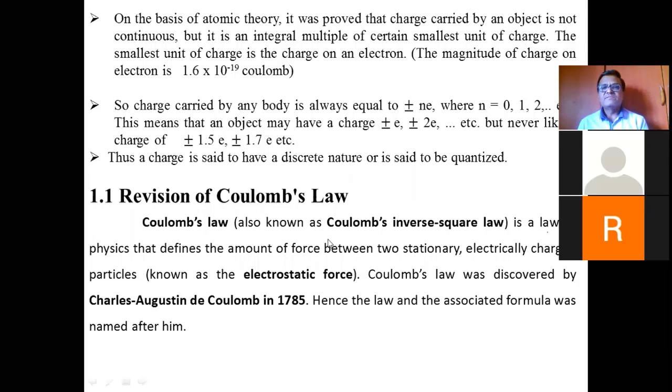Force of interaction means there may be an attractive force or a repulsive force. This force is given by Coulomb, who discovered this law, hence it is called Coulomb's law.